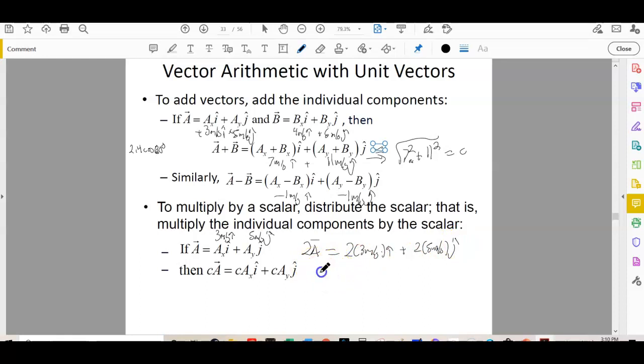So 2a would then just be 6 meters per second, which is pretty obvious, and then 10 meters per second, which is pretty obvious, right? So it's a real quick way to solve that vector addition stuff, okay? It's just much more useful, has better utility without creating a lot of noise and distraction.